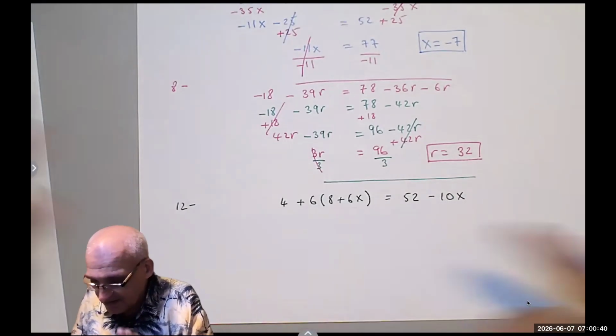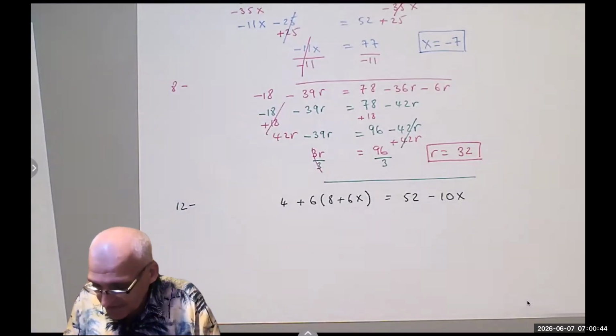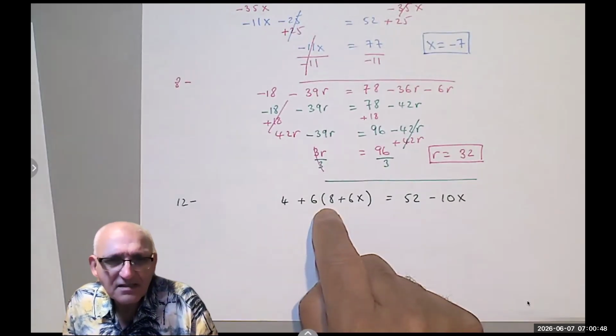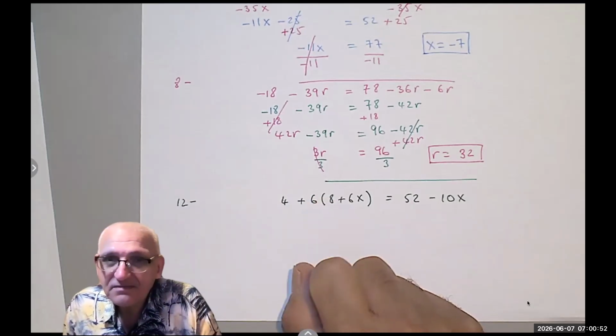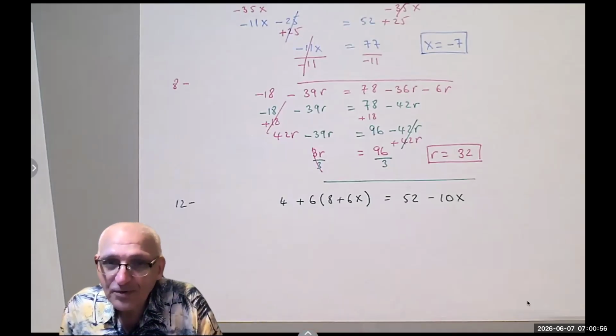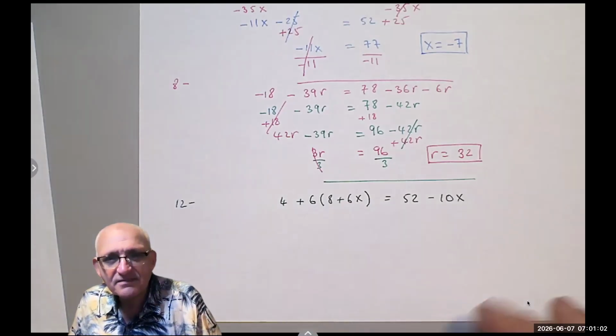What is this? There is a 6 followed by a symbol, which is like a parentheses. So what's between them? If I don't write an operator, it means it's multiplied.